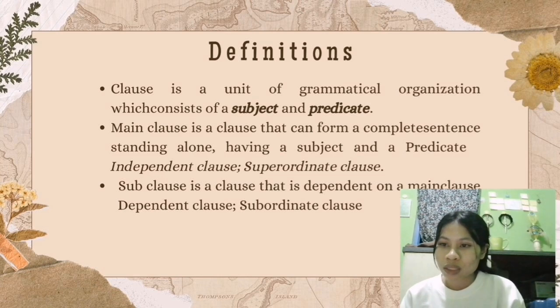Thus the presence of more than one independent clause is the main characteristic that distinguishes a compound sentence from a simple sentence which contains only one main clause. So now we move to the next slide.